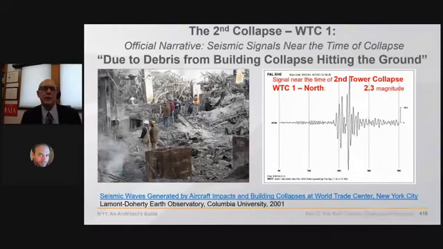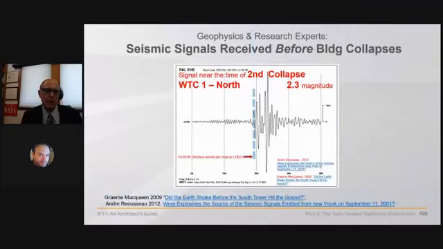Now, NIST attributes these events to the time of the collapse. Okay, let's test that theory, because we have the surface waves hitting at 10, 28, and 31 seconds. All right.